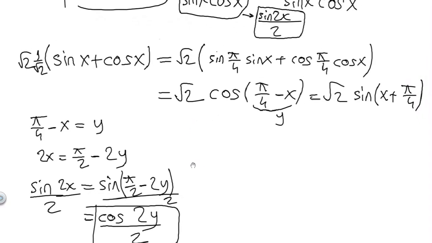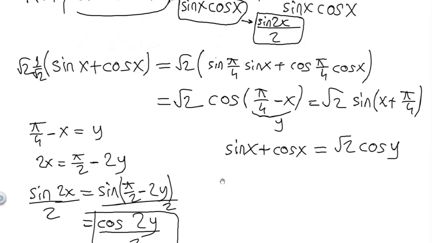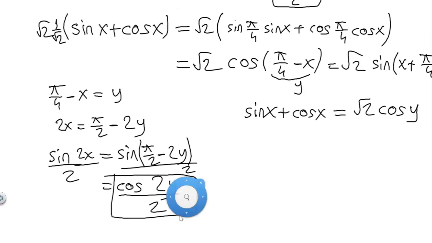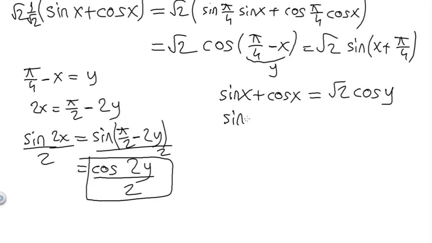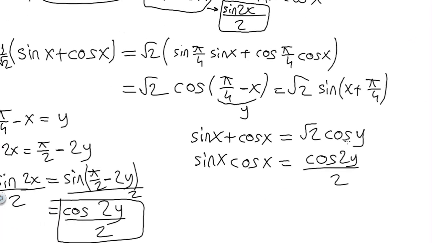And now, what I found was sine x plus cosine x is equal to square root of 2 cosine y. And for sine x times cosine x, I said it's just cosine 2y over 2. Now, can I write cosine 2y in terms of cosine y? Yeah, of course.